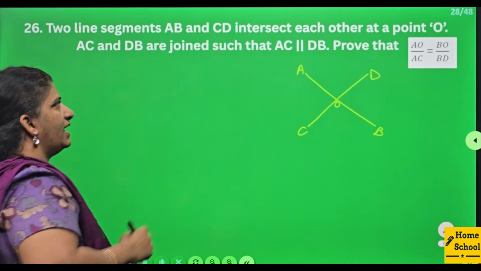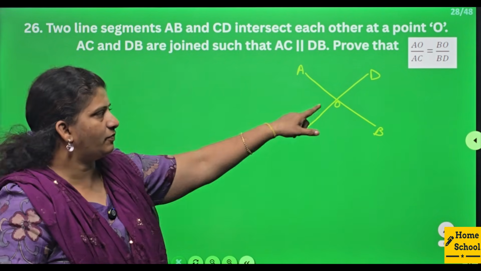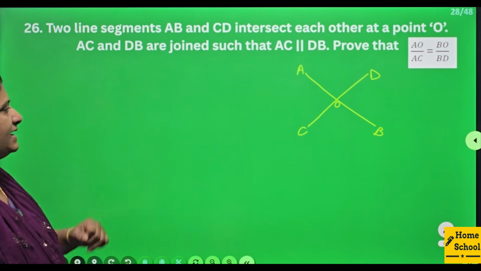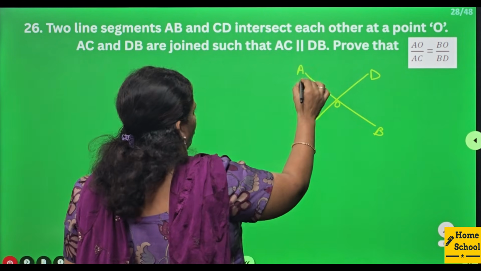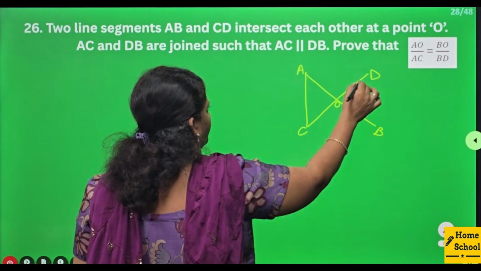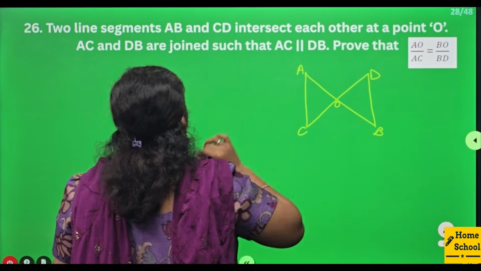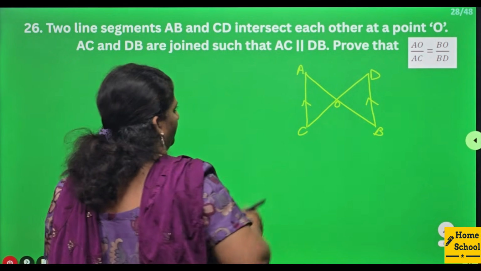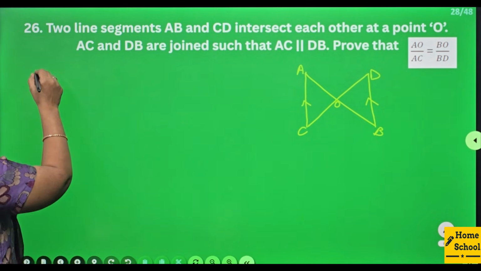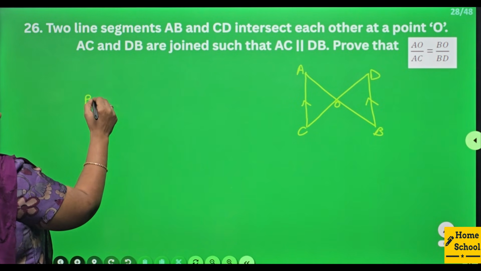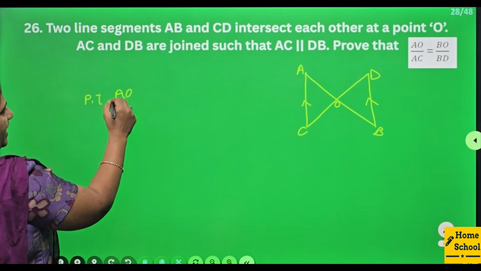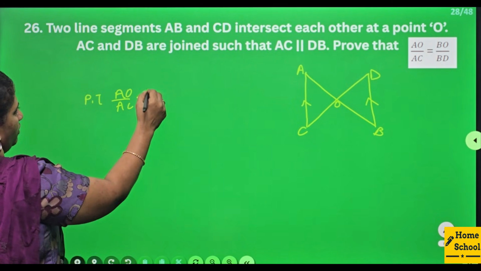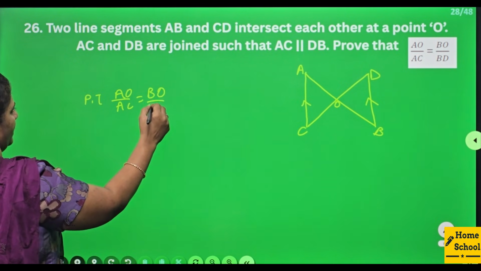AC and DB are joined such that AC is parallel to DB. Prove that AO by AC is equal to BO by BD.